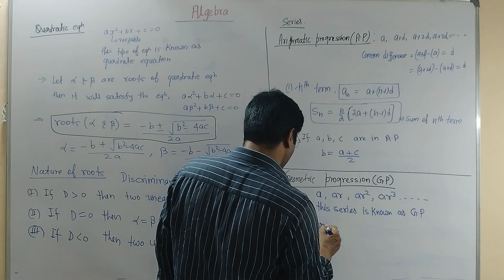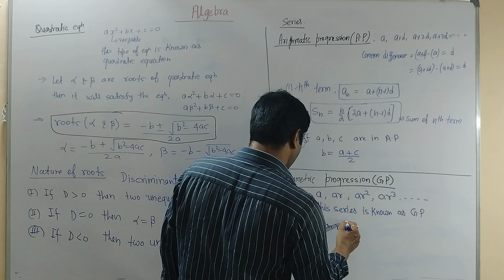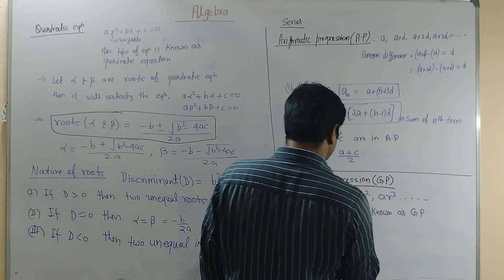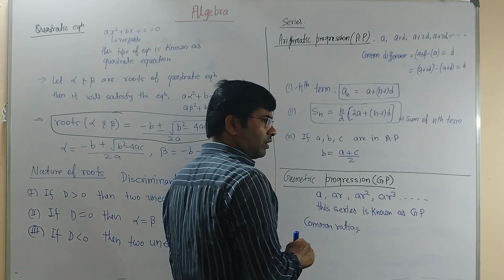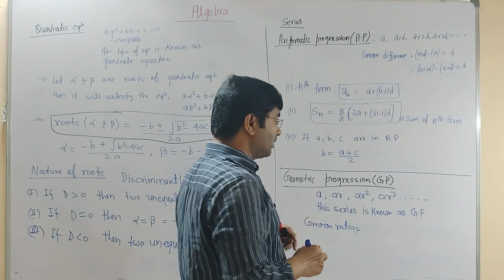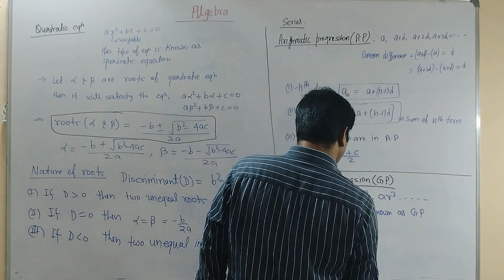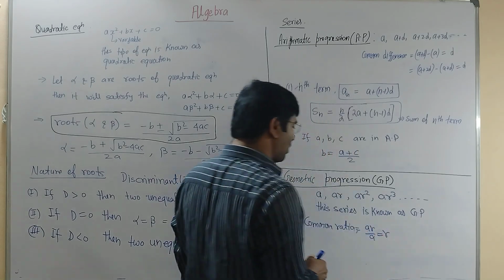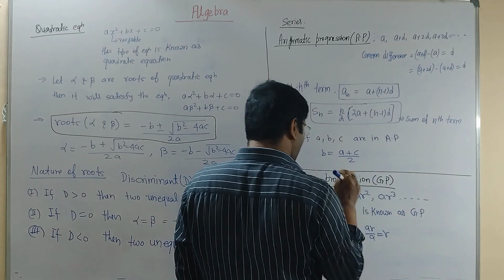This is the common ratio. This common ratio is second term upon first term or third term upon second term. So the ratio of two consecutive terms is known as common ratio. So here if I am writing AR upon A, this is R. So this R is the common ratio.